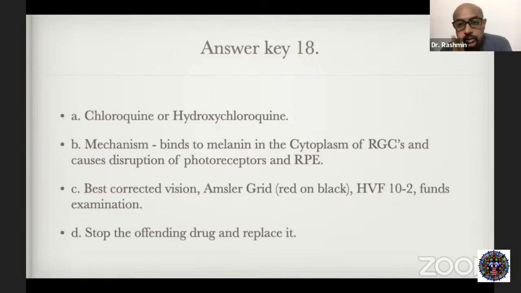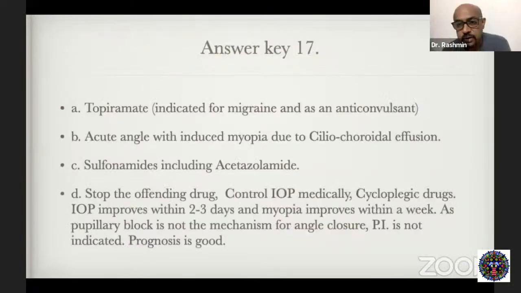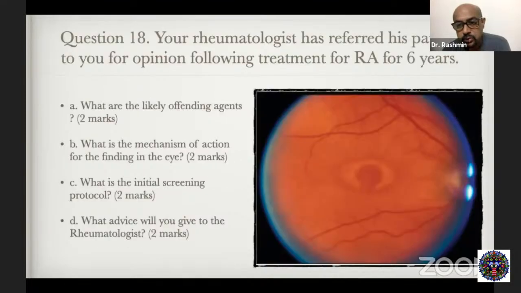I think there are two more things I would like to add here. Yes, sir. Since it's a bullseye maculopathy, it's the macula which is involved. So color vision also will form part of the screening protocol. Yes, I agree with you. And because of HCQ in the news, because of the COVID prophylaxis and treatment, we should also know at what threshold or what dose would generally lead to such an advanced retina.